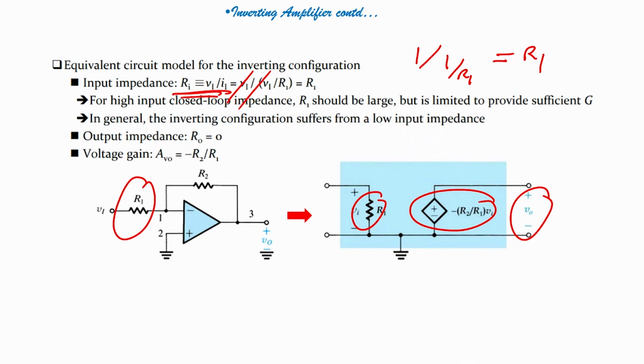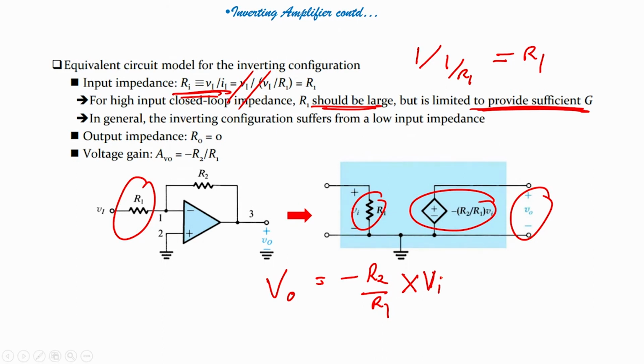That means my input impedance will depend on the value of resistor R1. For high input closed loop impedance, R1 should be large, but is limited to provide sufficient gain. What does that mean? If I have AV equals, what is my gain here? R2 by R1, is it not, right. And output voltage VO is nothing but R2 by R1 into input voltage VI, correct.